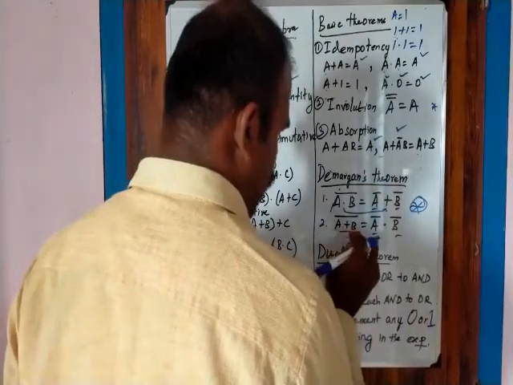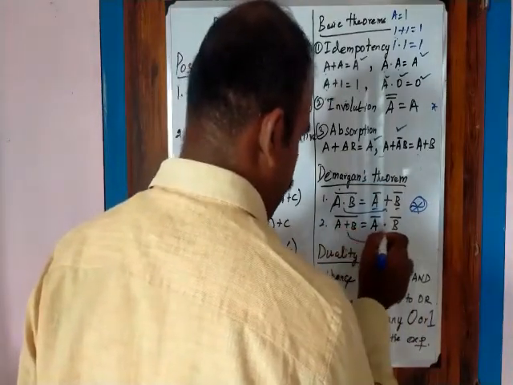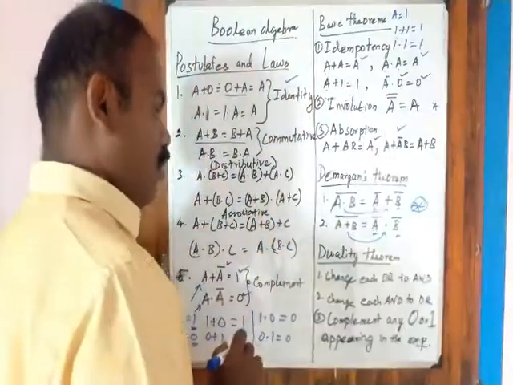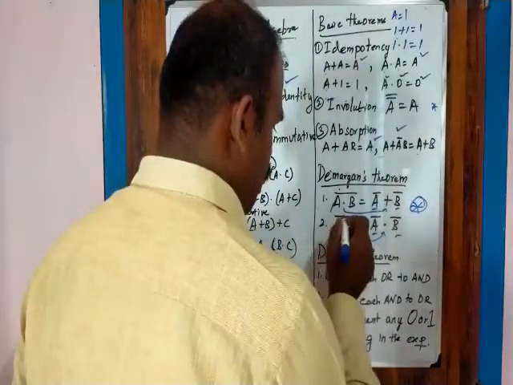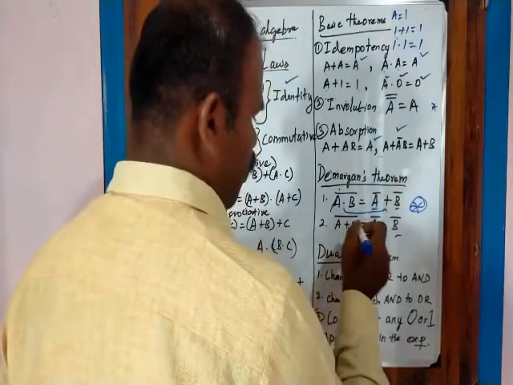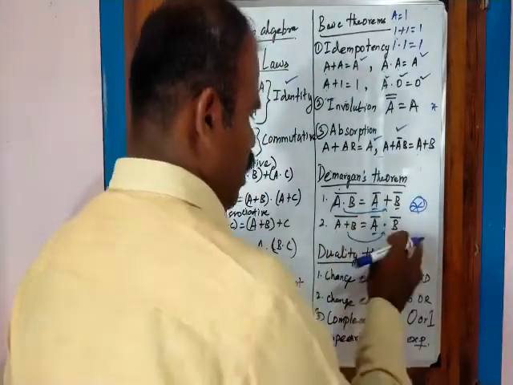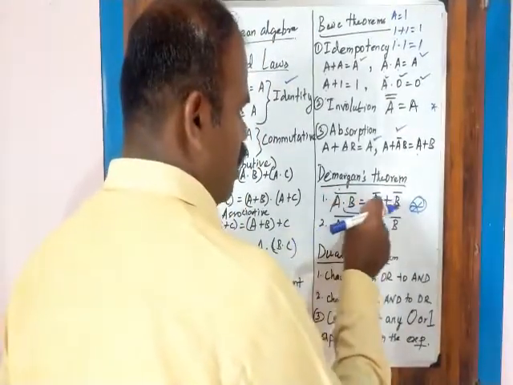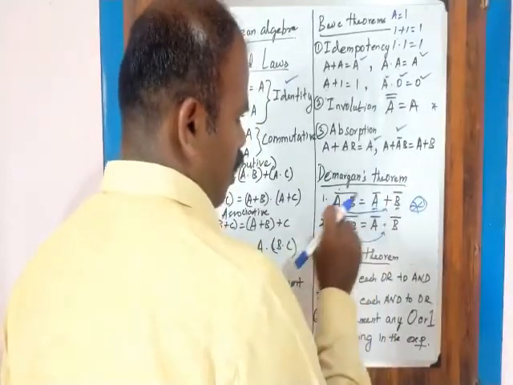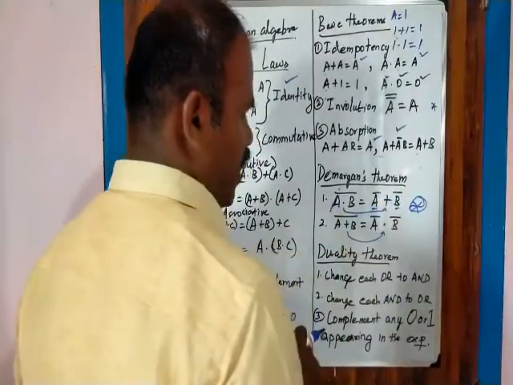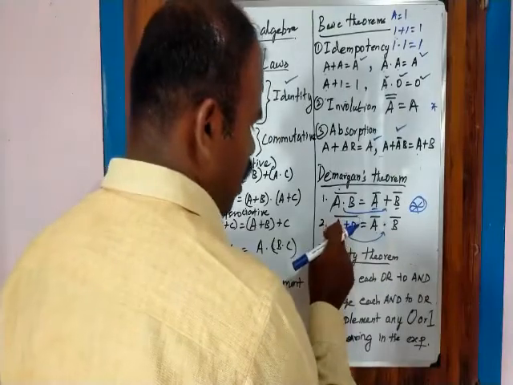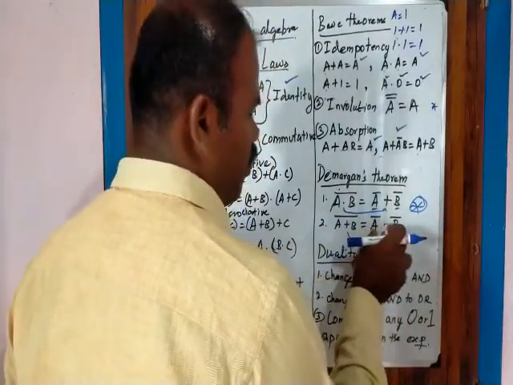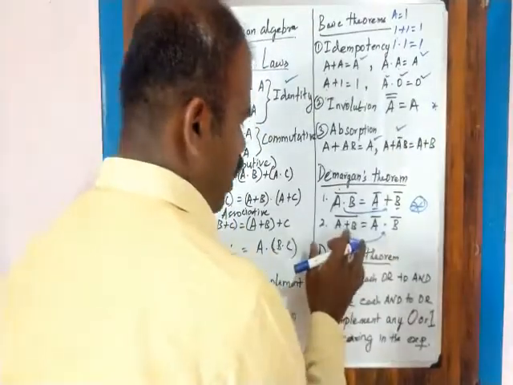Similarly, the OR operation is converted to the AND operation, and the complement is split to the two variables A and B. So it is a very important property. The complement of the AND operation equals the sum of complements. Next, the complement of the OR operation equals the product of complements.